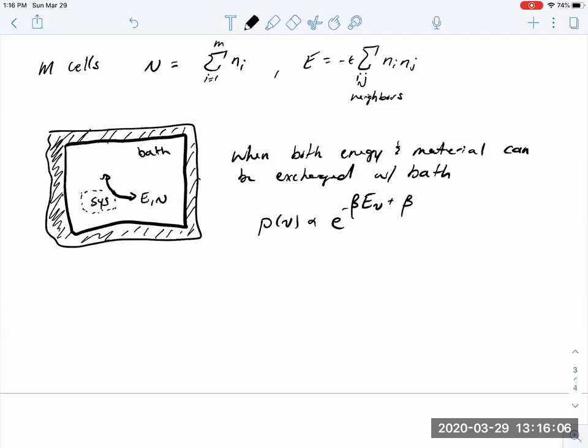So you should not be surprised to see that this probability now depends on the chemical potential, which is indeed how the entropy changes with number of particles. So the probability of a microstate in a case where both energy and material can be exchanged has both an e to the minus beta, the energy of that state, and the microstate also depends on how many particles there are. And so we have, in addition, an e to the beta mu, the number of particles in that state.